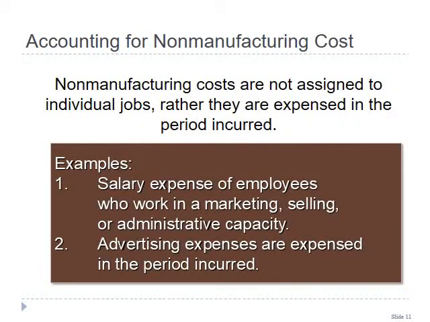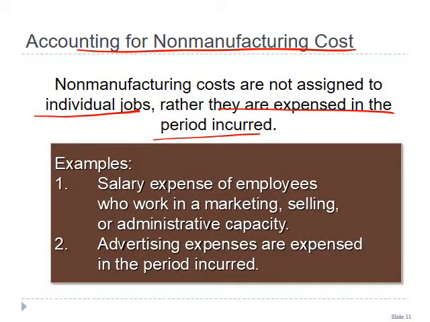But before that, we are here learning the concept of accounting for non-manufacturing cost. We previously discussed the treatment of selling, general and administrative salaries expenses during the period. The non-manufacturing costs are not assigned to individual jobs, rather they are expensed in the period incurred. Recall our discussion regarding period cost and product cost.